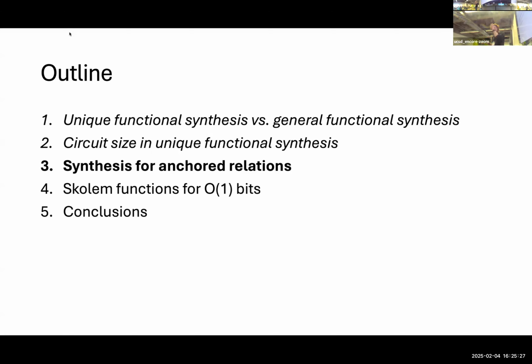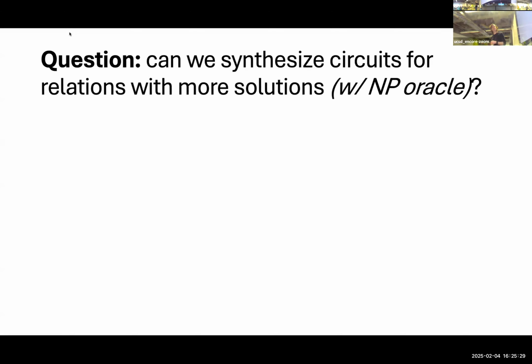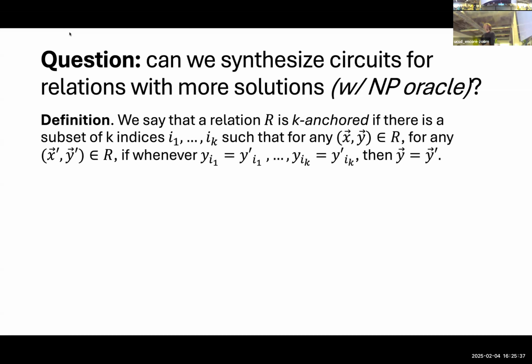Something that's slightly more general than a unique solution, but maybe it's not completely general functional synthesis. Your solution. Huh? Your solution. So that would be great. I'll tell you what I know how to do. And being able to do a few solutions per X, I don't quite know that.